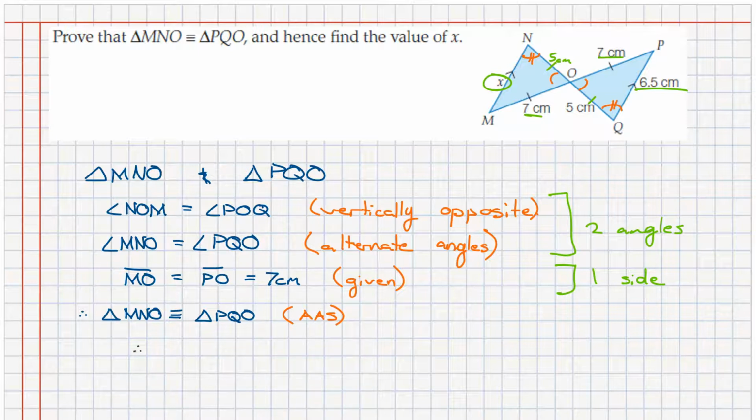So what we can deduce is that side NM is equal to side PQ. And therefore, side NM is also known as x, and side PQ is a quantity of 6.5 centimeters. So therefore, the value of x is 6.5 centimeters.